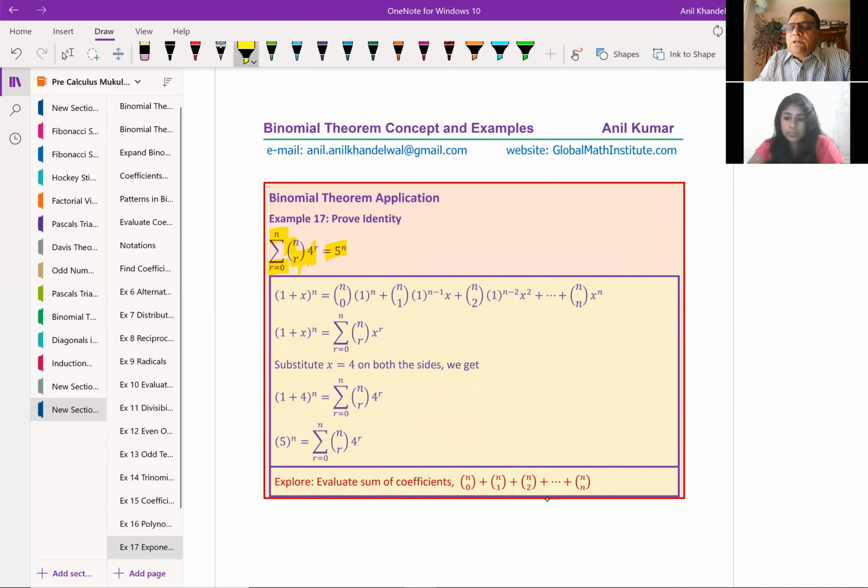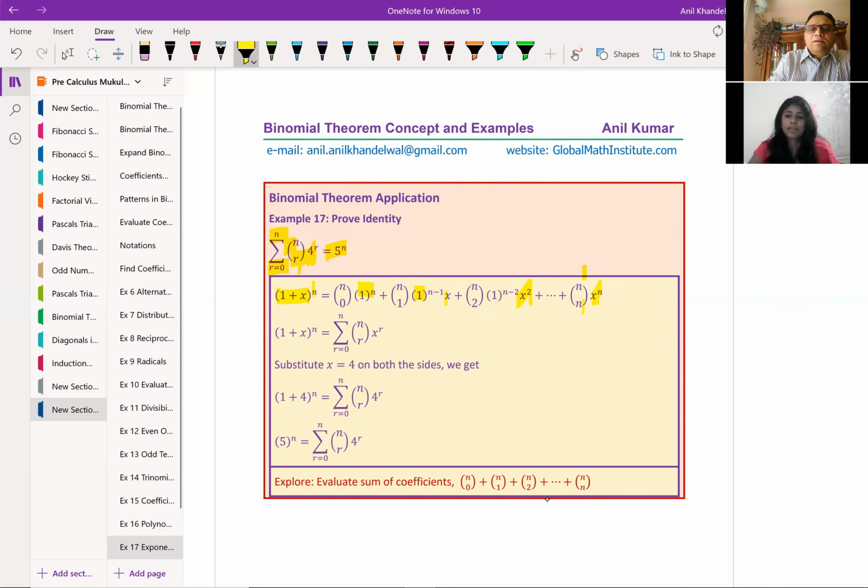But there is a very important thing. As we did in the last case, 1 plus x, you saw 1 minus x that time. If I have (1 plus x) to the power of n, then all these powers of 1 are 1, right? And what we get is an equation as a polynomial in x: nC0, nC1 x, nC2 x squared, nC3, and then nCn x to the power of n, correct?